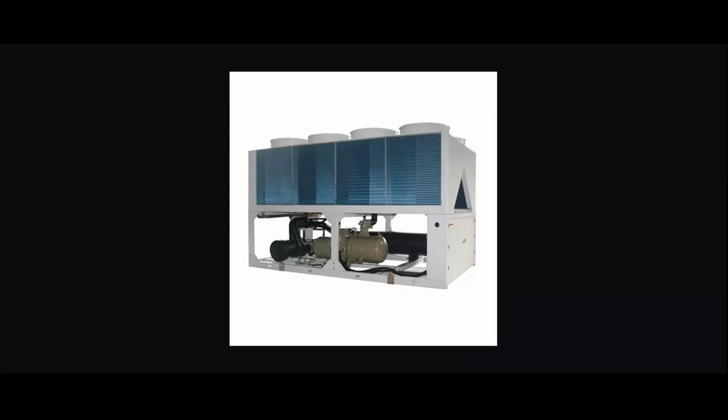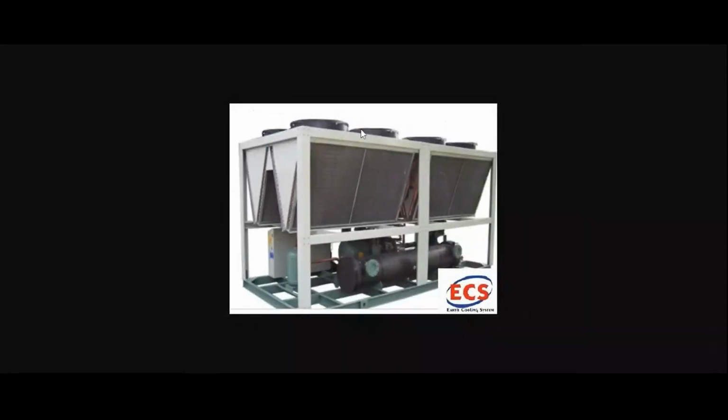If you come to places like Dubai or Gulf countries, where we can't find water, even drinking water is so costly, in those applications where we are not able to find water, we use air cooled chillers. So you can see this image, this is an air cooled chiller. Got it? Next.